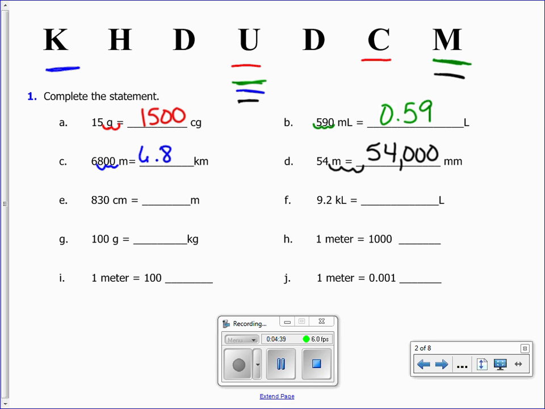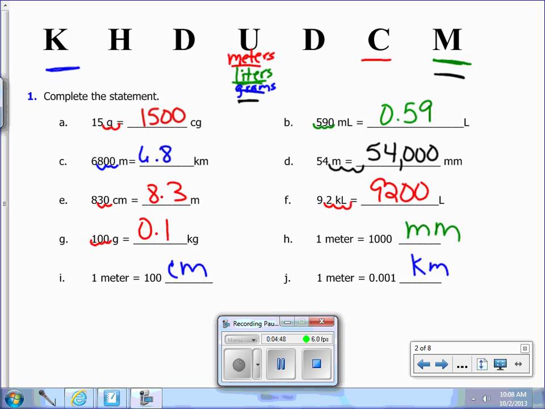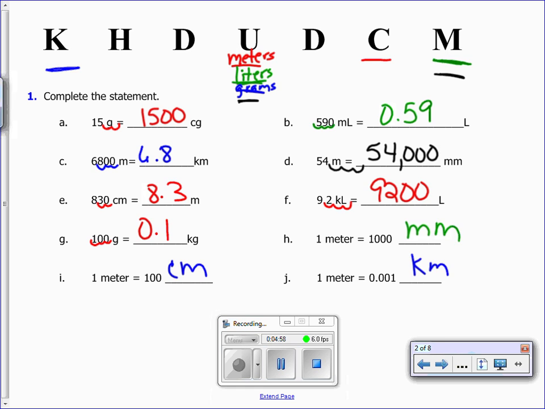Okay, I'm going to pause the lesson. I'm going to ask you to complete E through J and come back and check E through J. So check your work to see if you can notice the changing of the units from converting one metric unit to another.